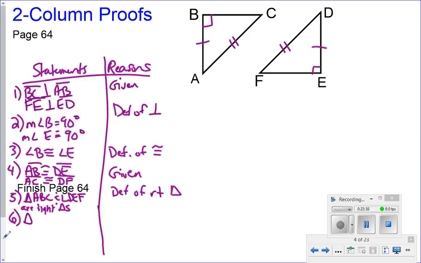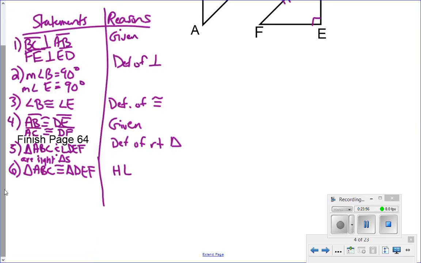So triangle ABC is congruent to triangle DEF, and my reason is hypotenuse leg. And now that we know that the triangles are congruent, remember when we first learned about triangles being congruent, we learned that there's 6 pieces of information we know if we have a triangle congruent statement.